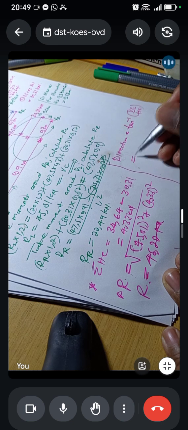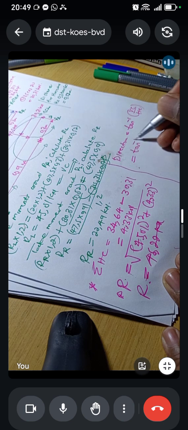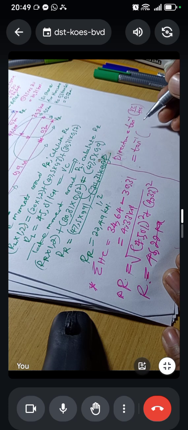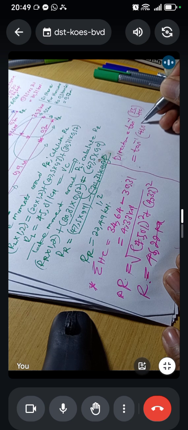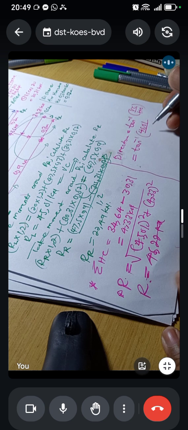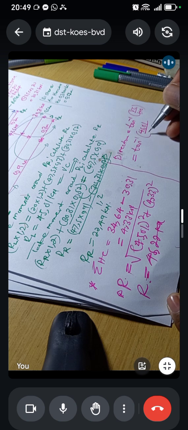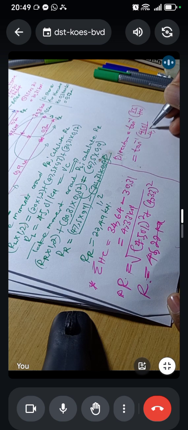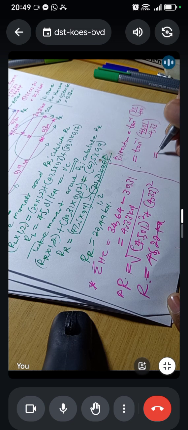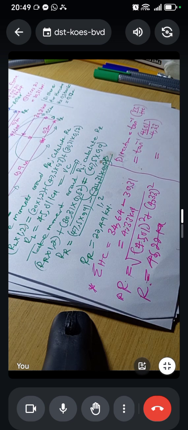Where is our HC? We calculated it somewhere there. It's going to be 4.33. What is the answer? Inverse of tan 10.4551.